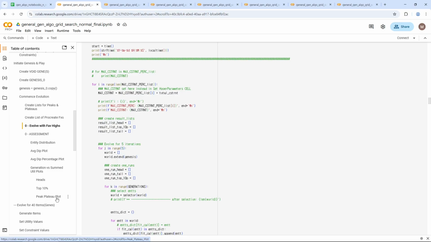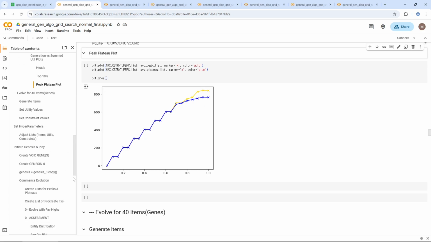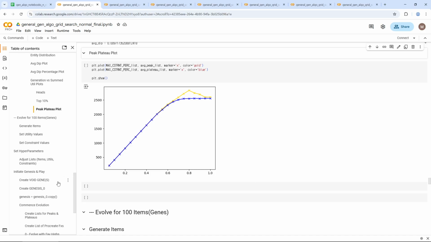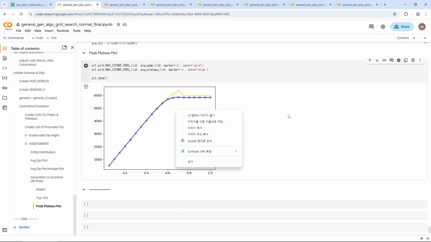And first, this is the peak plateau plot for 10 items, when genome length is 10. And this is the PPP for 40 items, and this is the PPP for 100 items.